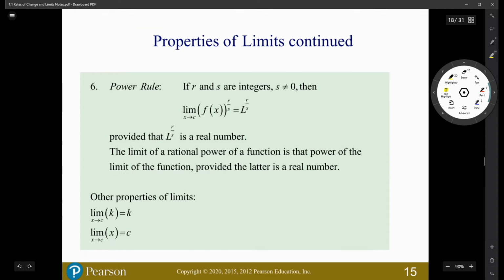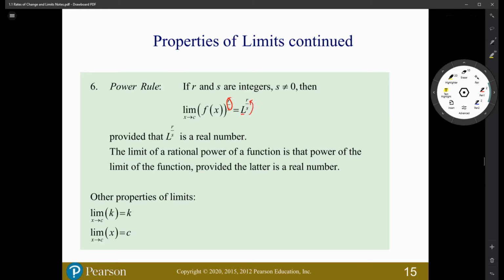All right. So one more, the power rule basically says if you have the limit as x approaches some constant of a function raised to a power, as long as that power does not have a 0 on the denominator, then this is equal to the limit of that function raised to the same power.